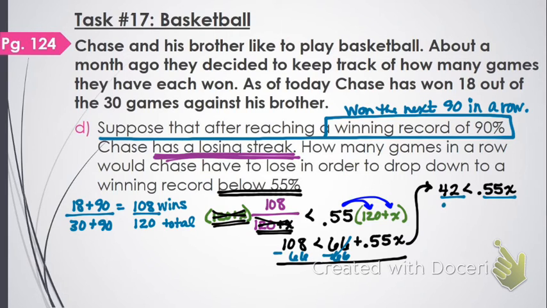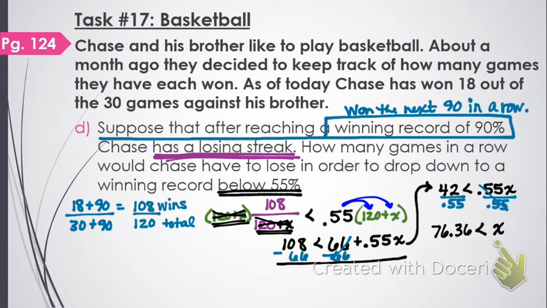Divide 0.55 on both sides. Could you pop that in your calculator for me and tell me what you get? 76.4, or 76.36, right?